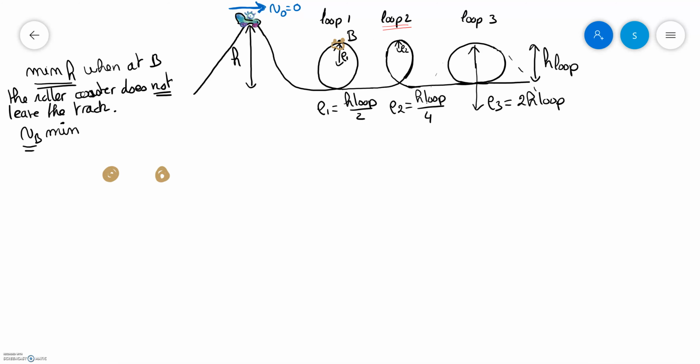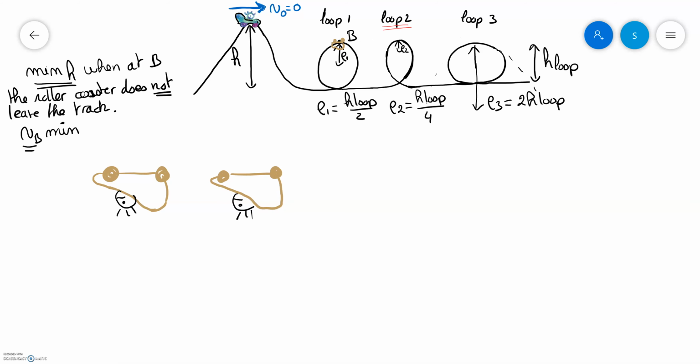So that's my roller coaster, and that's my kinetic diagram. And we have someone inside, very happy to be there.